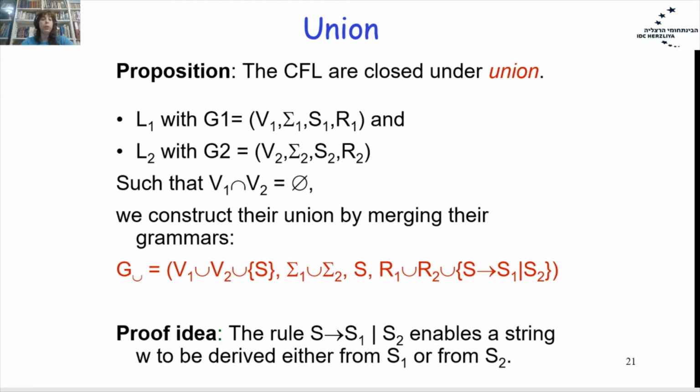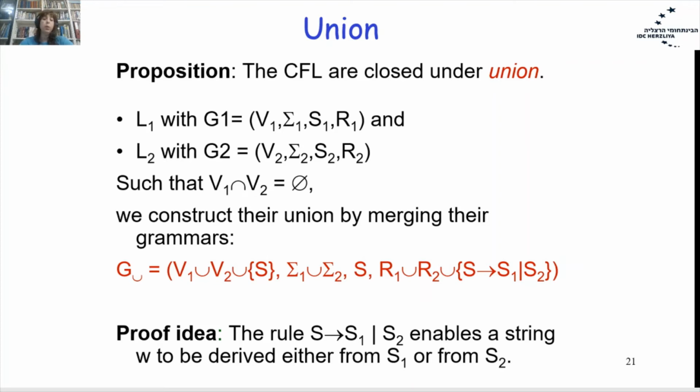So G of the union will be V1 union V2 union a new start variable S, alphabet sigma 1 union sigma 2. The new starting symbol will be the new variable S. We will use all the production rules of the first grammar and all the production rules of the second grammar, and we will have an additional rule S derives S1 or S2, where S1 is the starting variable of the first language and S2 is the starting variable of the second language.